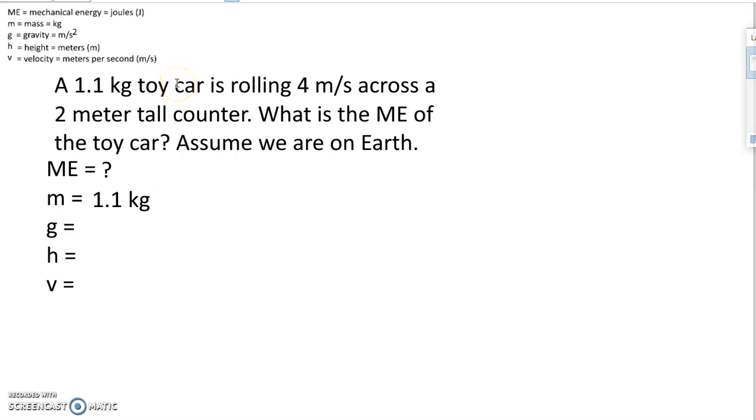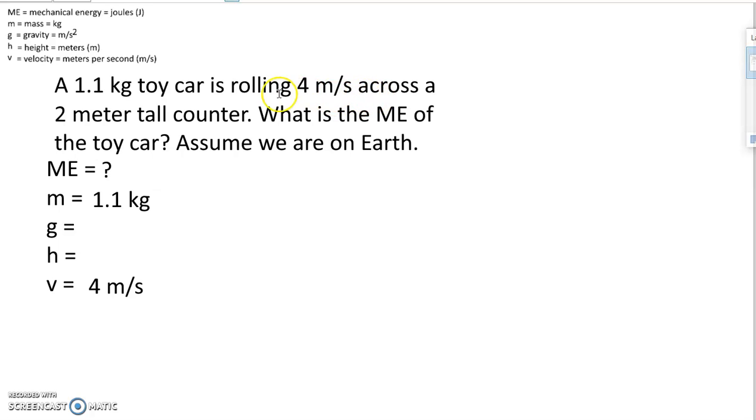I'm then going to continue where I left off. This toy car is rolling 4 meters per second. Rolling tells me that my car is moving, which means I have a velocity. M/s in my list lines up with velocity. So 4 meters per second must be my velocity.